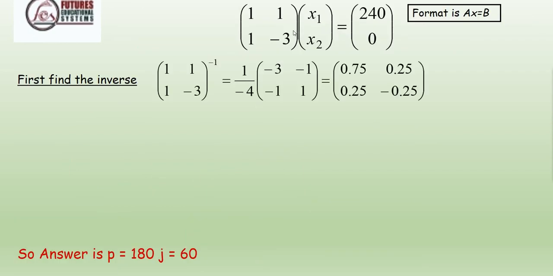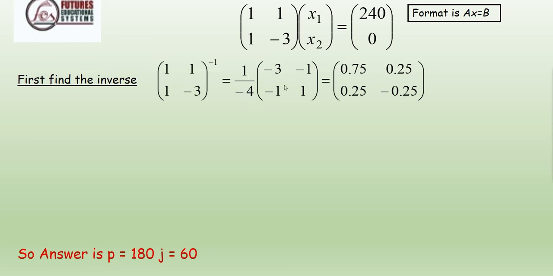Before we multiply, we get the inverse. The determinant is 1 times negative 3 minus 1 times 1, which equals negative 4. The determinant in this case equals negative 4.